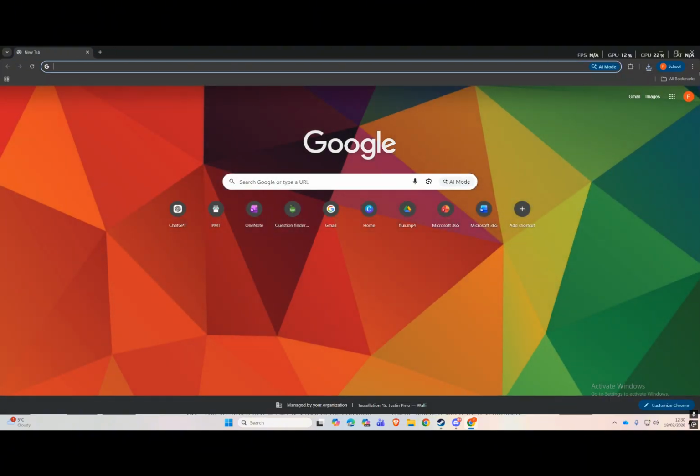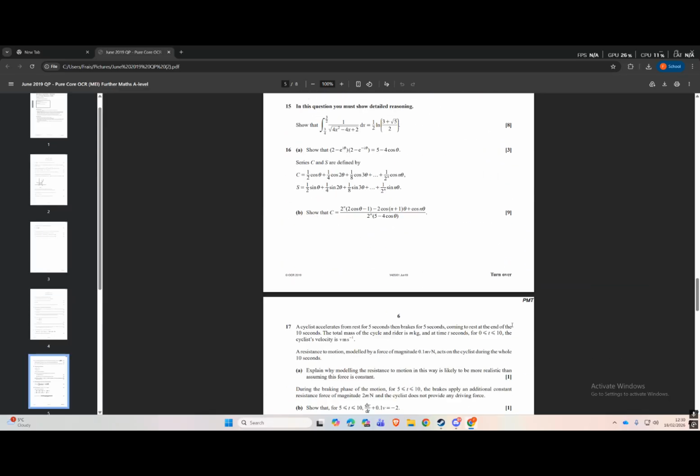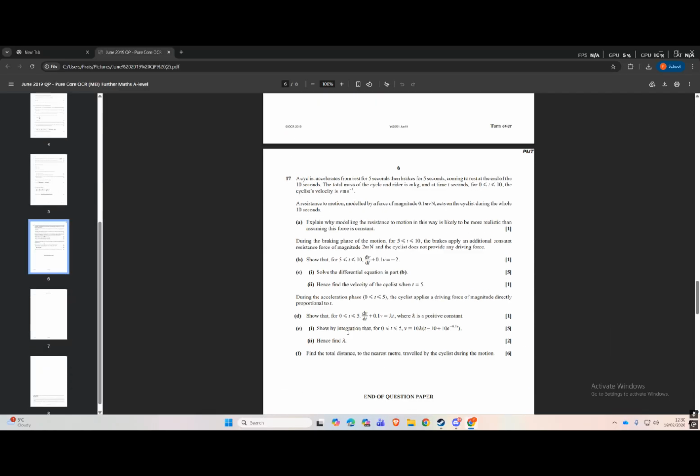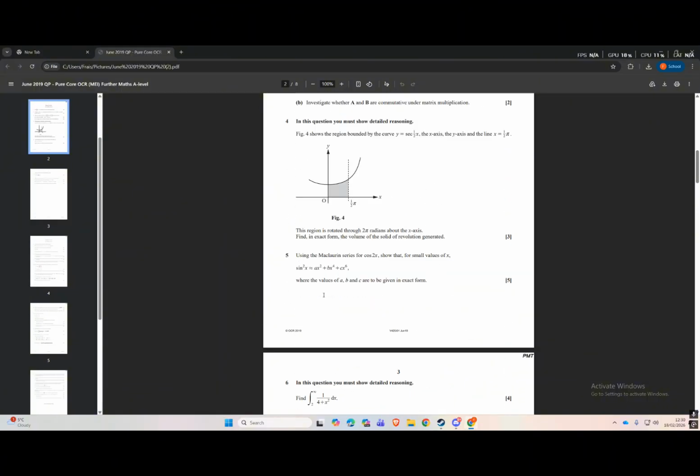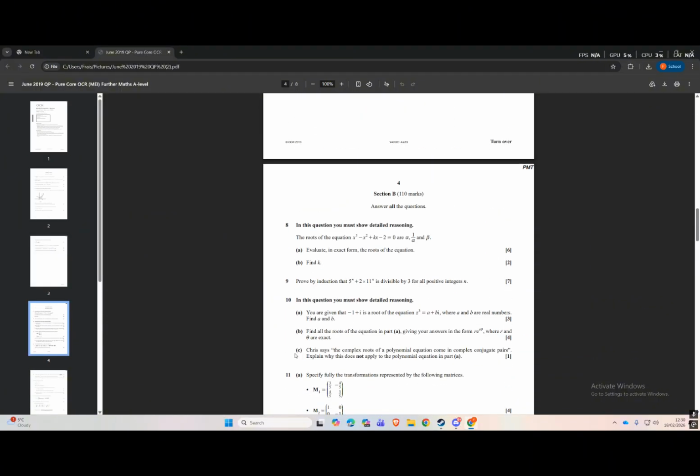So today we're going to be doing section B. Now, section B is going to take up a lot more time. In fact, it is apparently 110 marks.